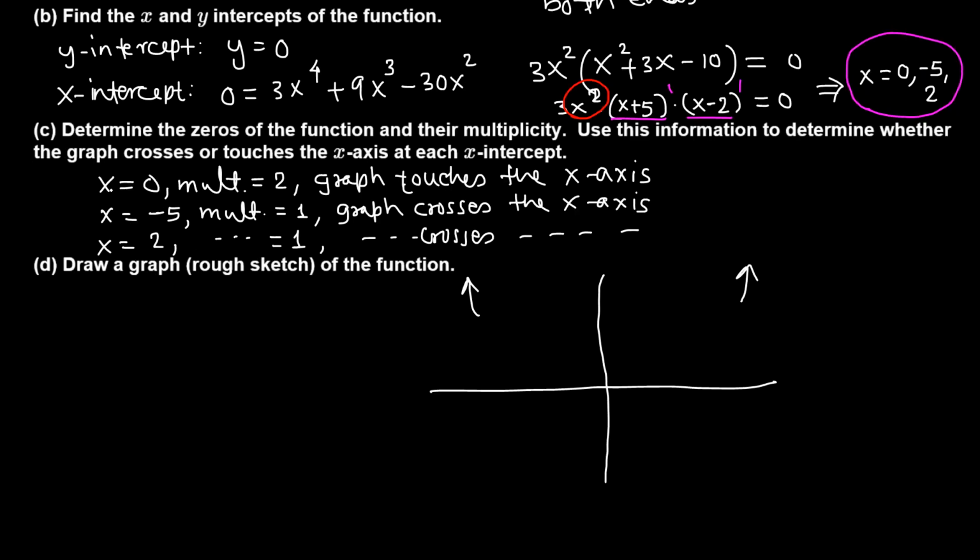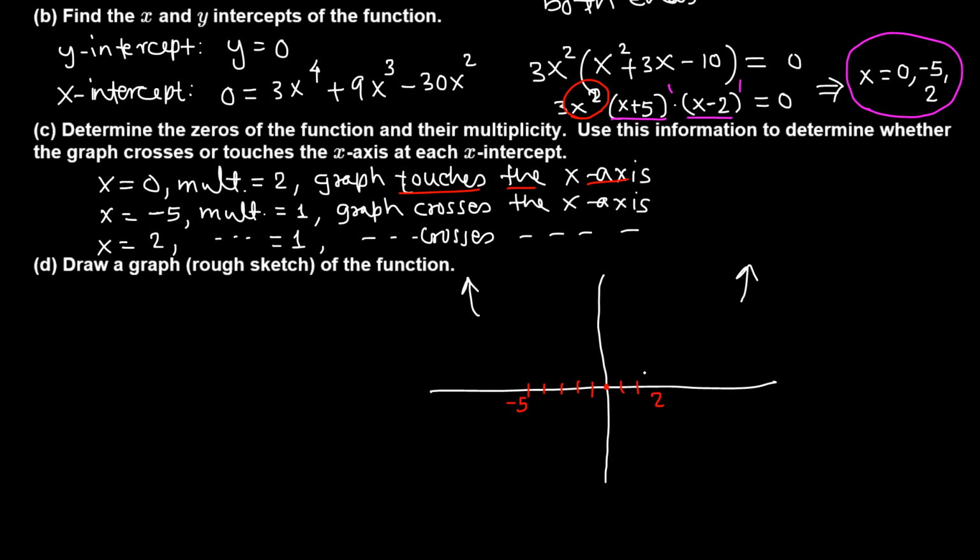So at x equals 0, the graph touches the x-axis. At negative 5, the graph crosses the x-axis here. And at x equals 2, the graph crosses as well. And eventually it goes up on both sides.